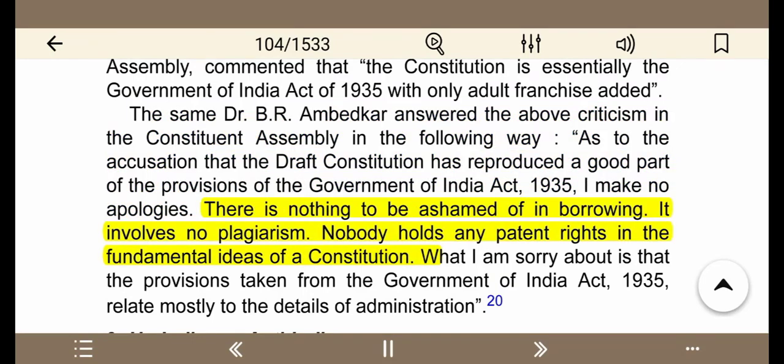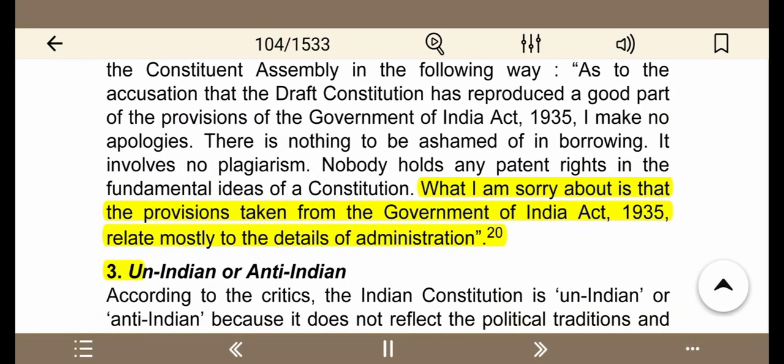There is nothing to be ashamed of in borrowing. It involves no plagiarism. Nobody holds any patent rights in the fundamental ideas of a constitution. What I am sorry about is that the provisions taken from the Government of India Act, 1935, relate mostly to the details of administration."